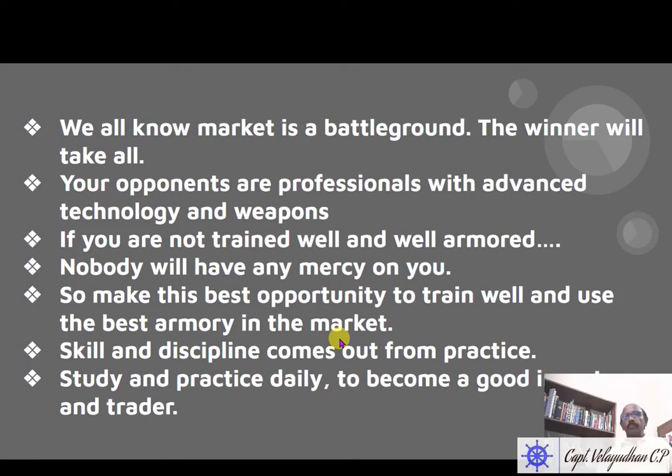Preserve your money. Your money is very important. If you keep the money for tomorrow, you can trade or invest and make money after learning. So nobody will be there to chop you off. Skills and discipline come from practice.